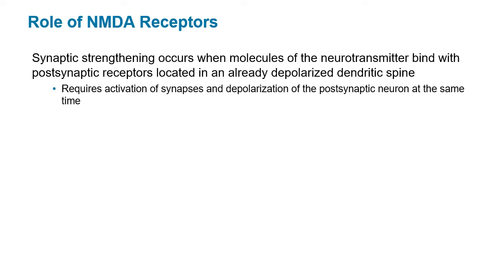These NMDA sites have a blocker in them. And when the depolarization occurs, they release a blocker. And glutamate can then bind to those sites because the blocker's gone. And this glutamate binding occurs within the cell that's already firing, and it's in a sense strengthening the connection.